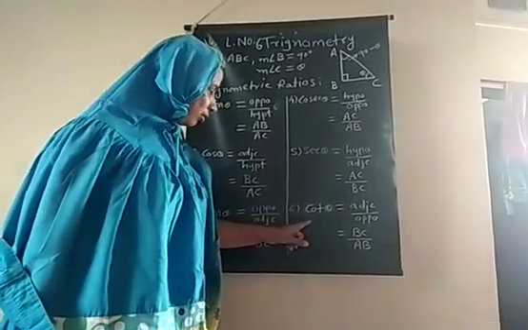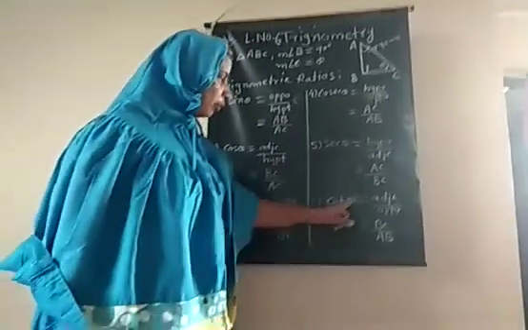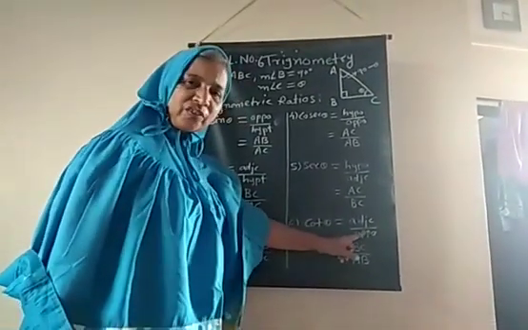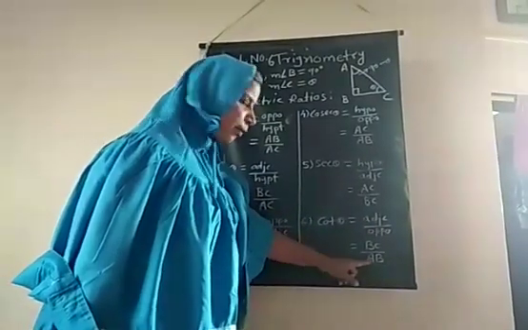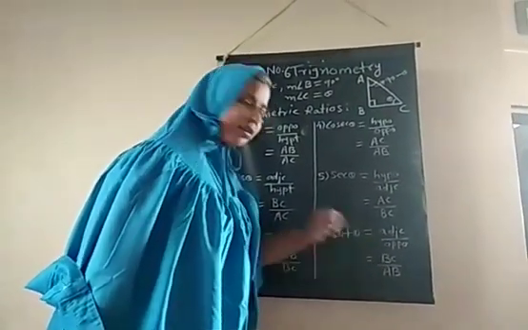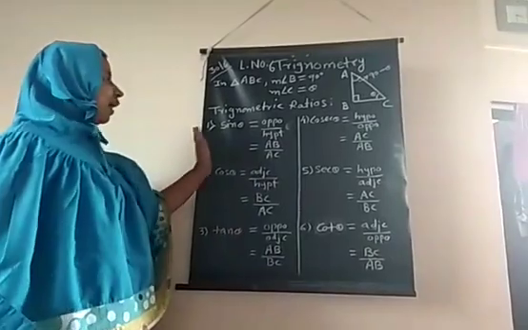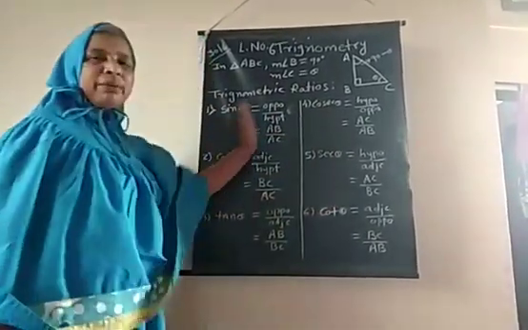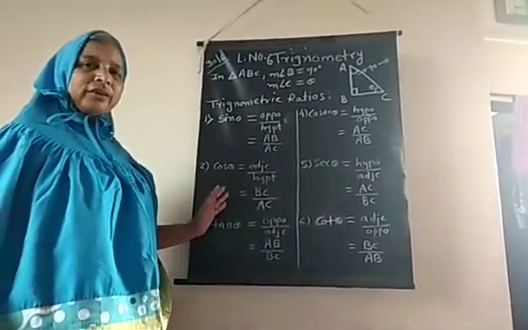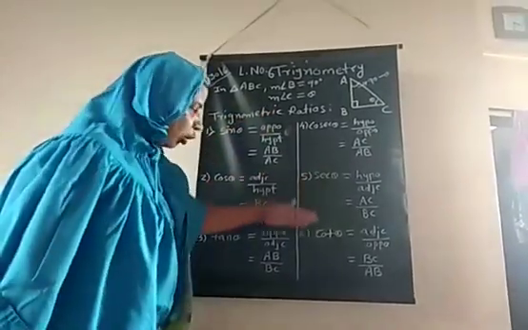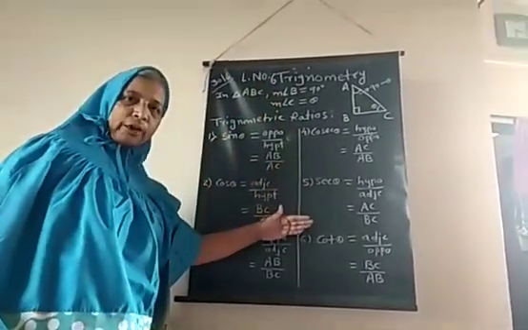And last ratio, cot theta is equal to adjacent side upon opposite side. Adjacent side is BC, opposite side is AB, ratio is BC upon AB. So these are the 6 basic trigonometrical ratios. All of trigonometry depends upon these 6 ratios only.